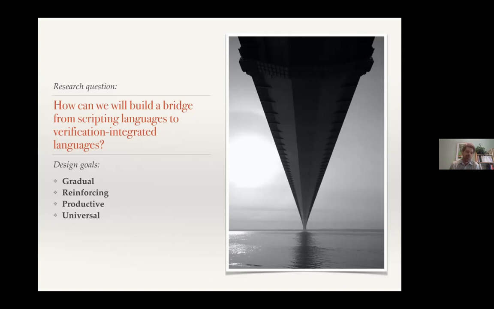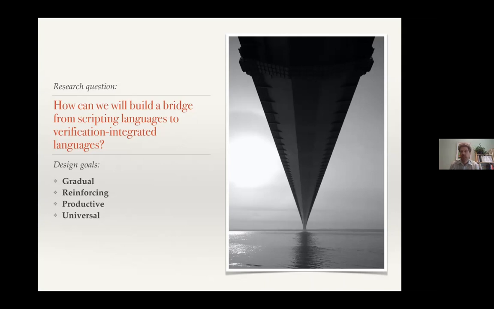And it ought to be productive, in the sense that there ought to be some good incentives for taking the time to do this kind of work. So maybe it makes your program run faster. Maybe you get immediate feedback on the programs you're writing.